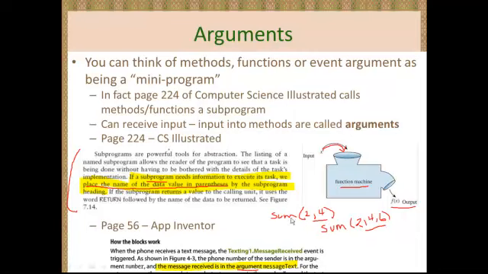In many programming languages, you've got your function name when you make a call to the function, and the arguments are in parentheses. In App Inventor, we're not using text like this to write our program. We're using blocks. So an argument in App Inventor will be attached to a block. For example, the message received event receives an argument of the text in that message and also the phone number.